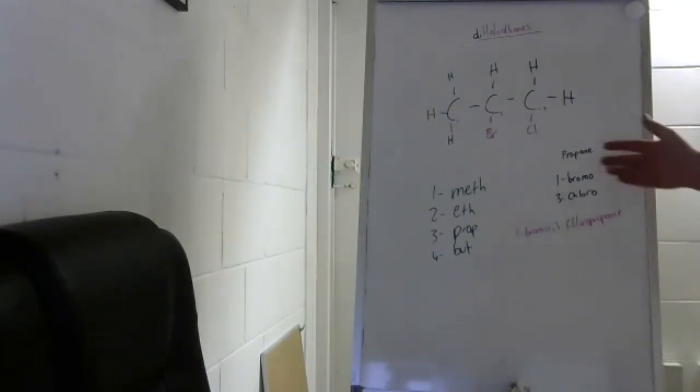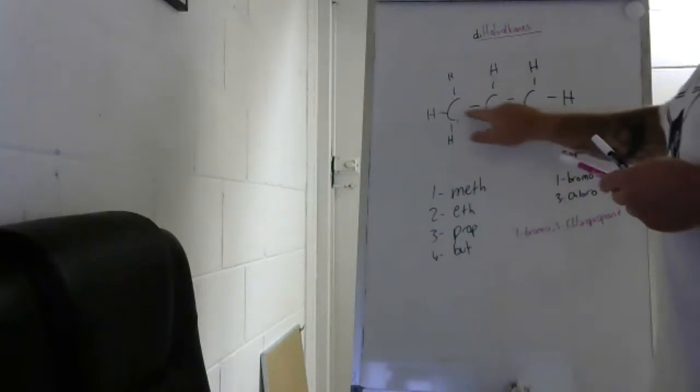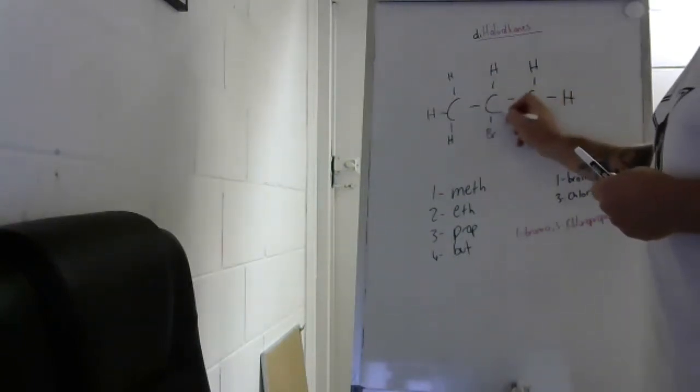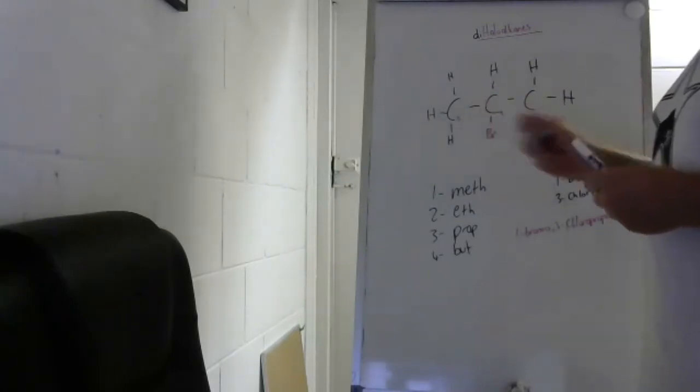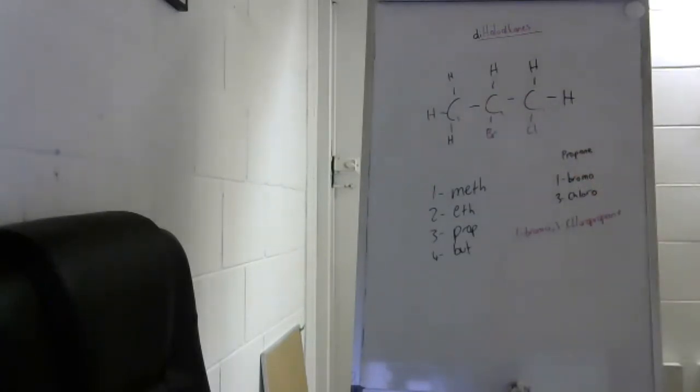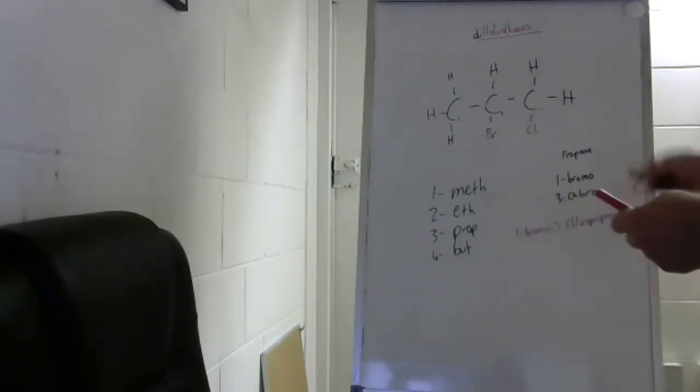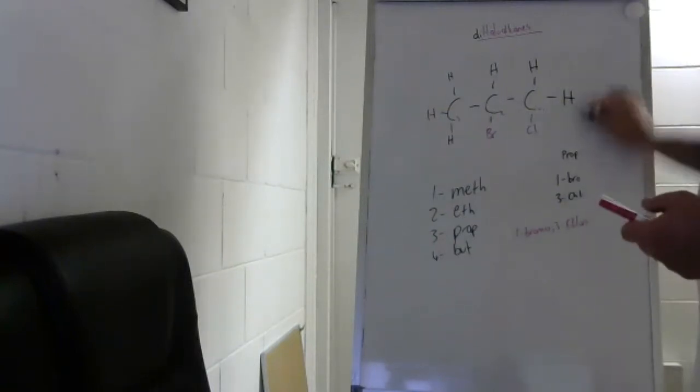So the correct answer here is actually this one: 2-bromo, 1-chloro, propane. All right, everybody keeping up with me? It's probably the most painful part out of all of it. Sweet.